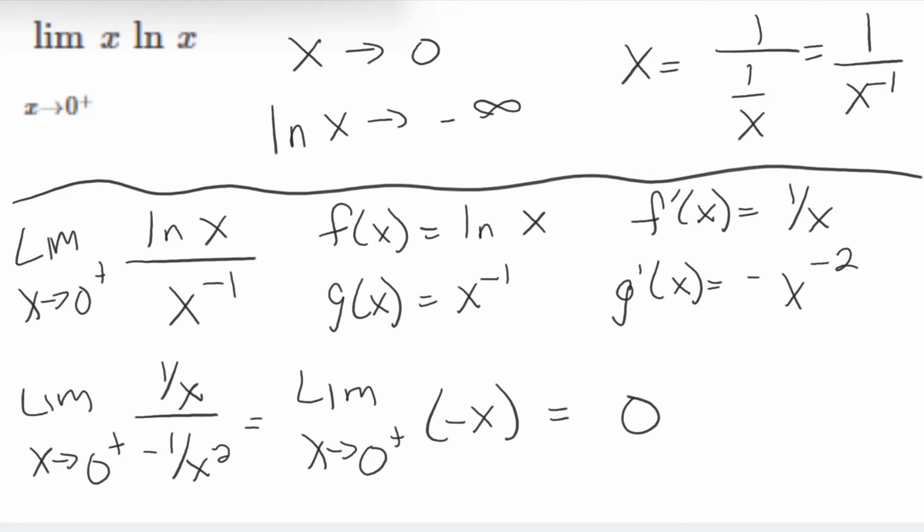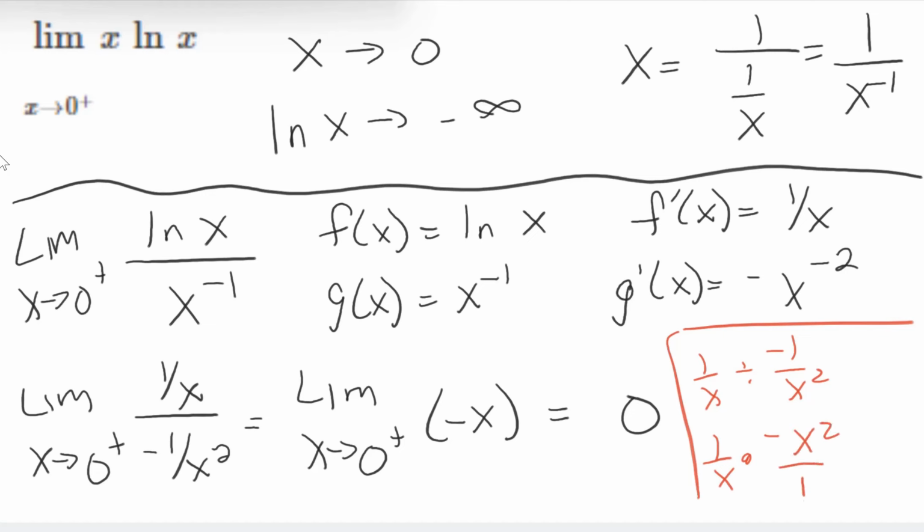Can you show really quick the reciprocals and negative x? Yeah. So we did 1 over x divided by negative 1 over x squared, which would be 1 over x times negative x squared over 1, which is negative x. Keep change flip.